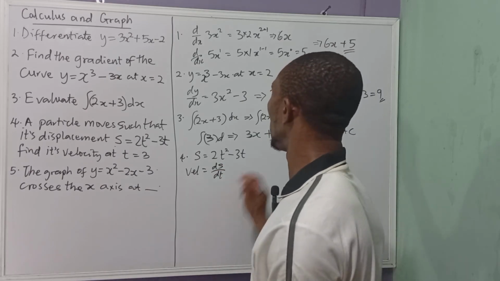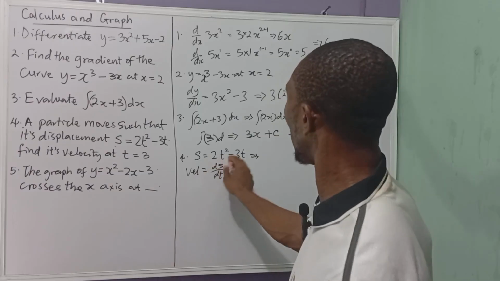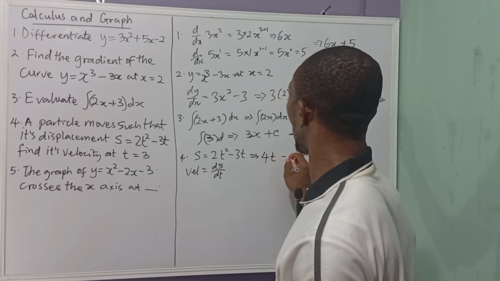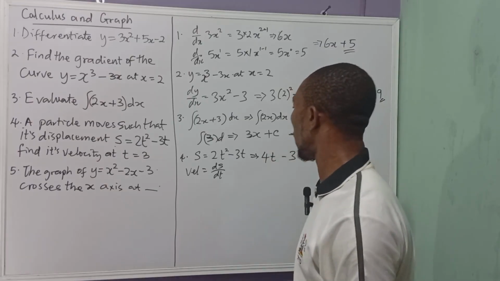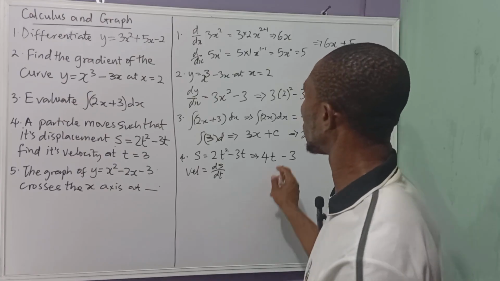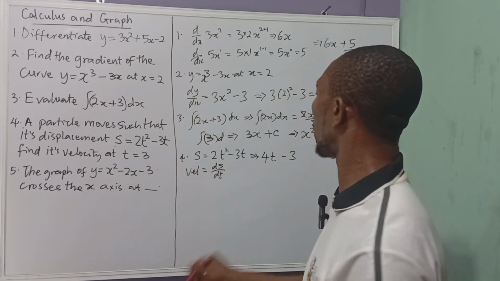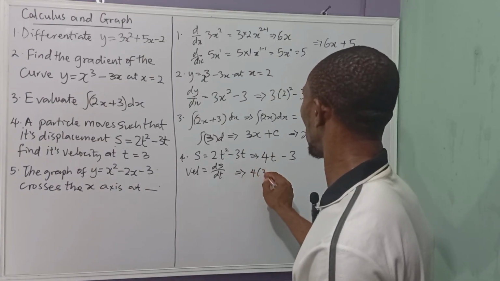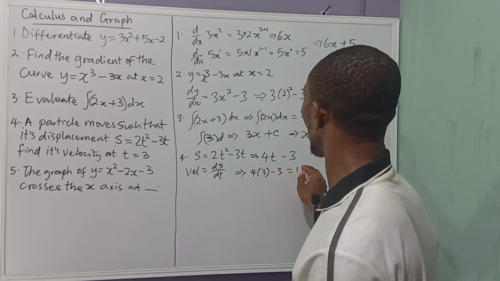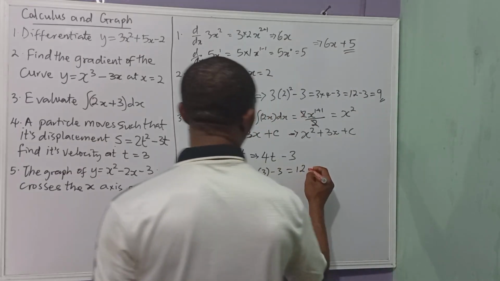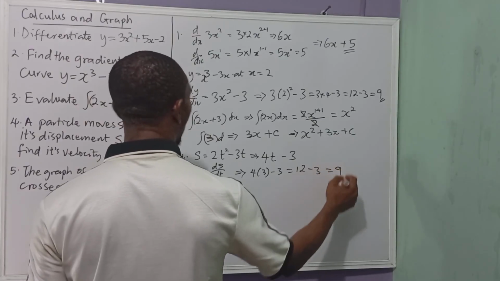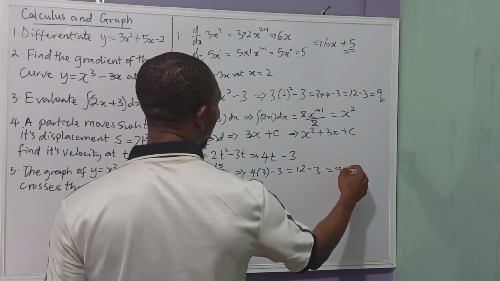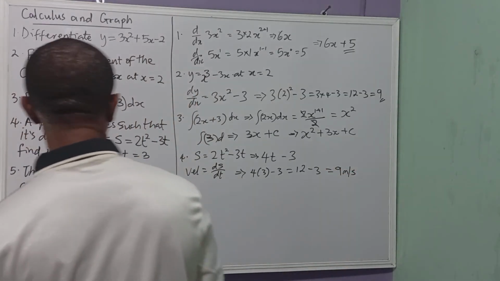So we have to differentiate this, which becomes 4t minus 3. Now substituting t equals 3, this becomes 4 times 3 minus 3, which gives us 12 minus 3, which gives us 9. So our velocity will be 9 meters per second.